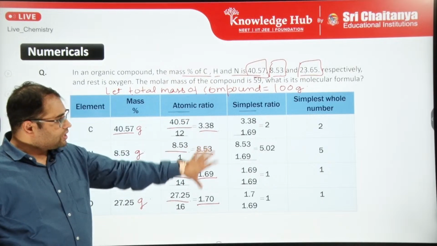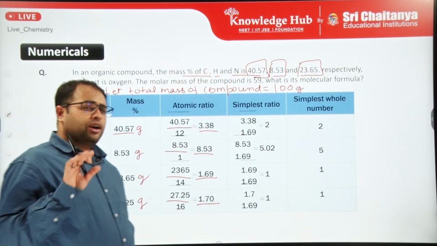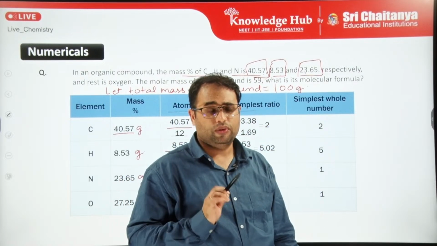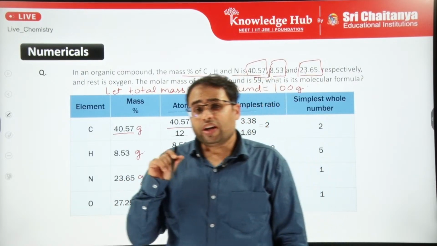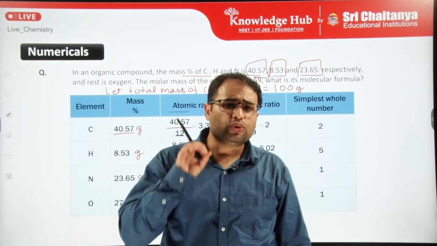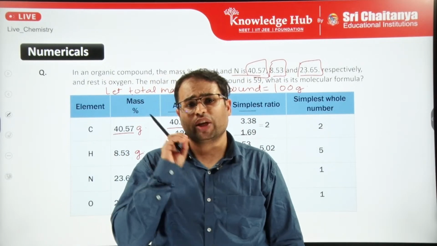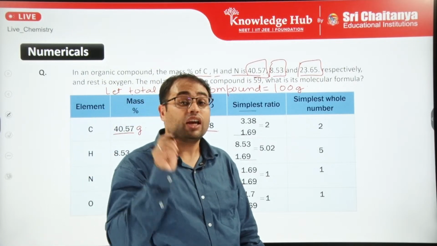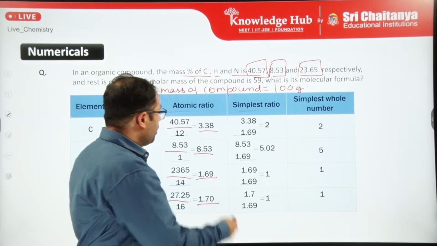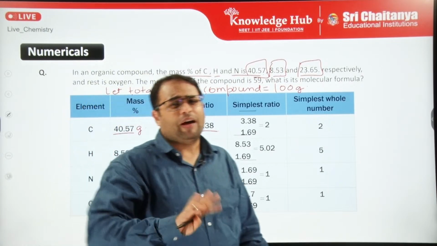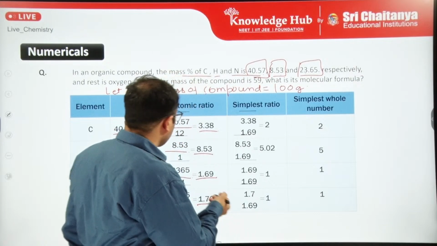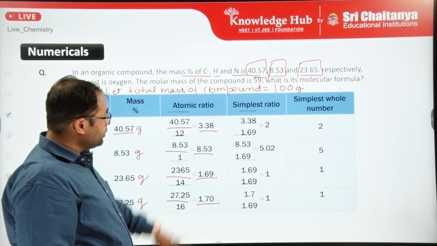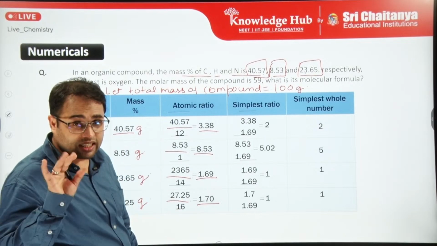So these are the decimals. But remember, empirical formula is the simplest whole number ratio. These are decimals. So next we are going to do some mathematical manipulations to get these values in whole numbers. One of the mathematical manipulations is, if you have a number of decimals in a ratio, you divide each of the decimals by the smallest number.